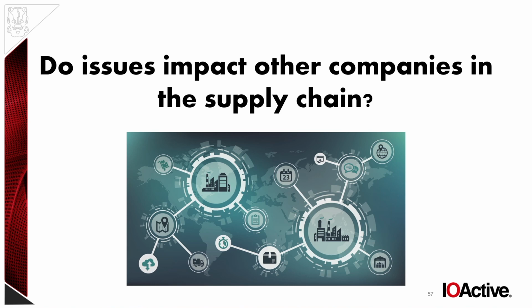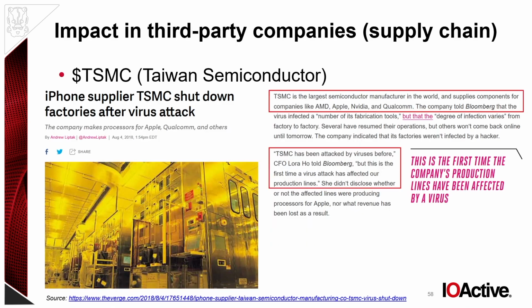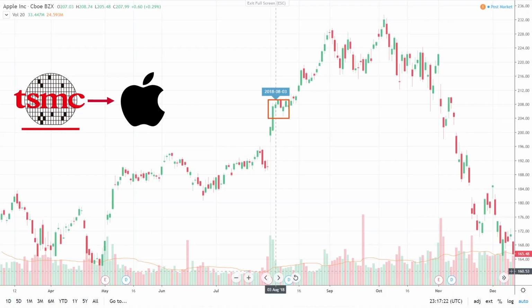Now, in the supply chain, do issues impact other companies? Let's see again the case of Taiwan Semiconductor, one of the biggest manufacturers of chips in the world. They supply components to AMD, Apple, Nvidia, etc. So when the virus outbreak hit their factories, we see this small red candle that day.